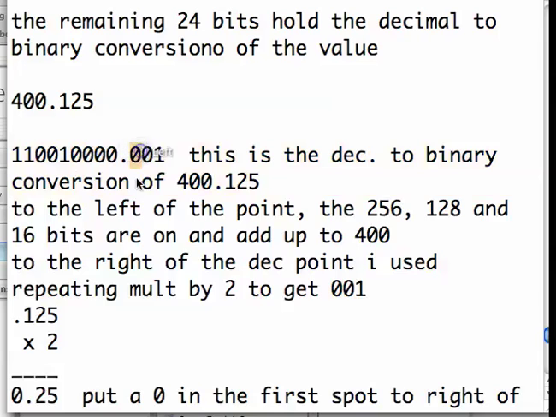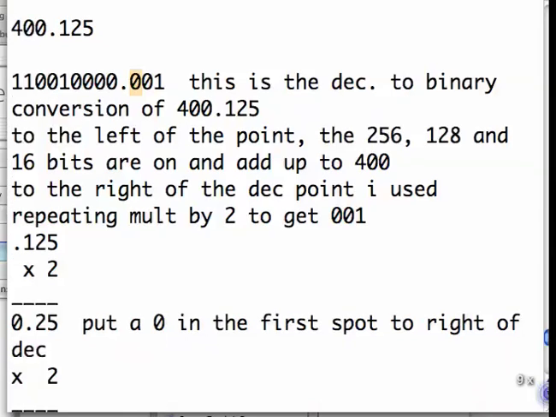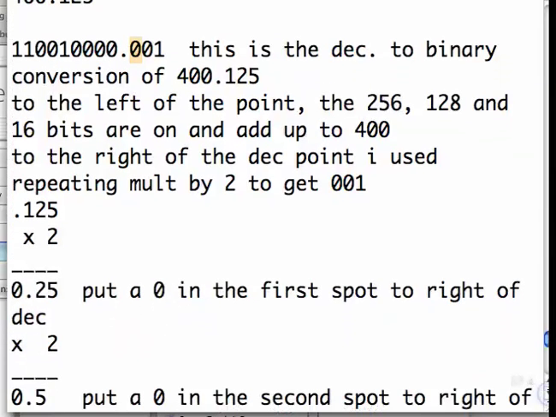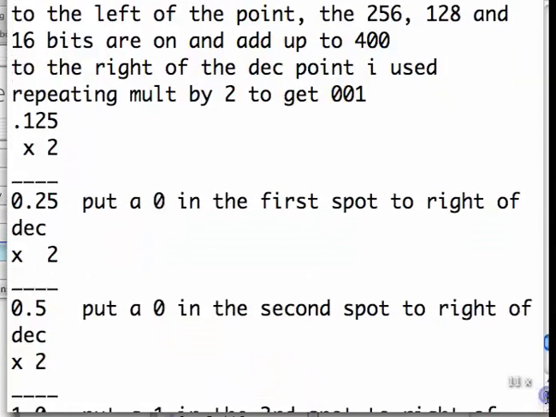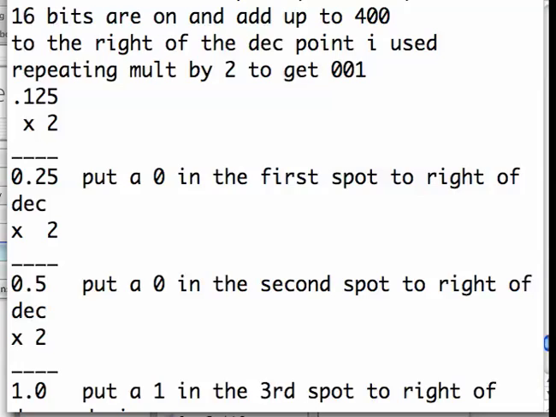We take the 0.25 and we multiply it by 2 and we get 0.5, which means we put a 0 in the second spot right here. We now take the 0.5 and multiply it by 2 and we get a 1.0, which means we have a 1 in the third spot to the right of our decimal point, and we are all done.